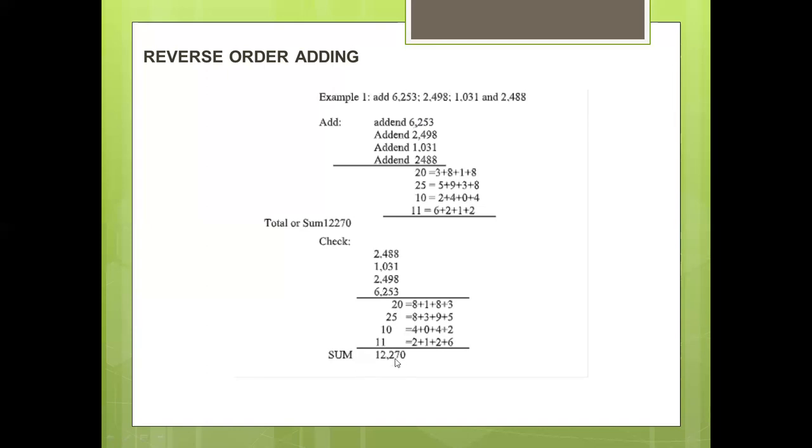And the sum would be, so let's add this. 0. 2 plus 5 is equals to 7. 2 is equals to 2. 1 plus 1 is equals to 2 and 1. So we bring this one, and we have the sum of 12,270.